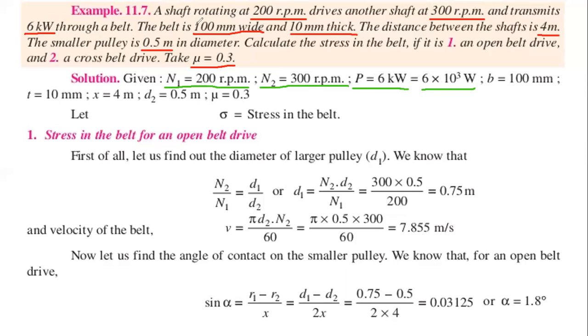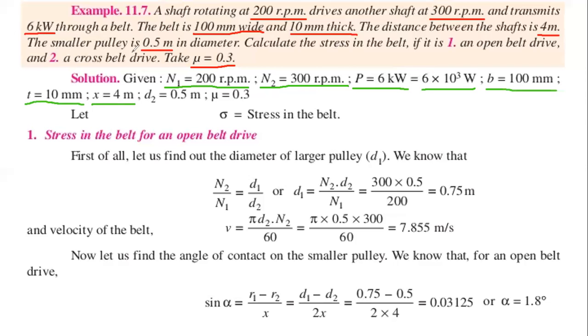Then the belt is 100 mm wide and 10 mm thick. So B is equal to 100 mm and thickness T is equal to 10 mm. Then the distance between the shafts is 4 meters, that is x is equal to 4 meters.